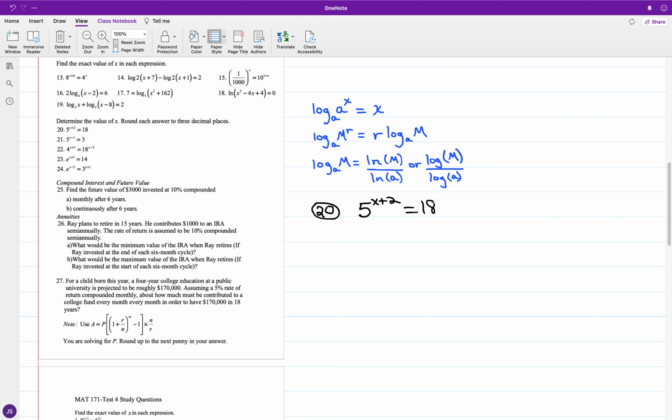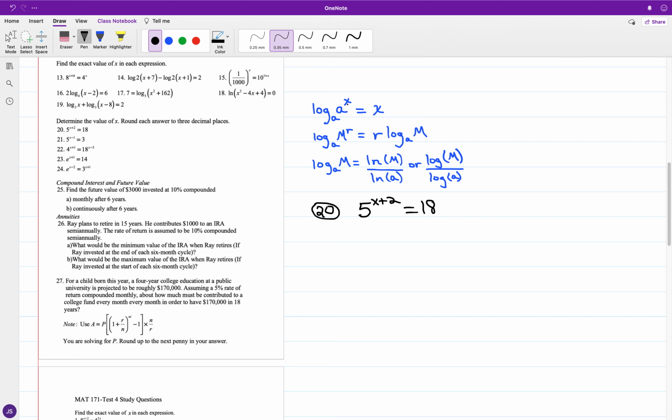So you have 5 to the x plus 2 is equal to 18. Now with this property, notice I have the variable exponential expression on one side of the equation, so it can be to our advantage to write the left hand side in terms of x plus 2. I can take care of the exponential base 5 by taking the base 5 logarithm on both sides.